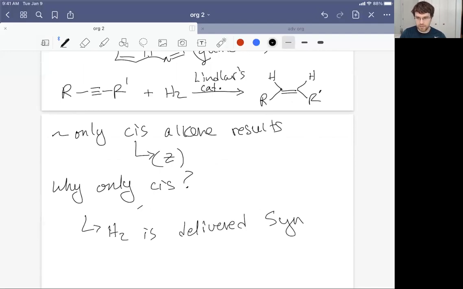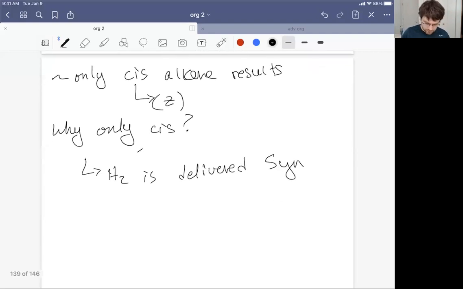So we don't need to know the mechanism of this, but we need to know that the two hydrogen atoms are added simultaneously to one side or the other, both on top, both on the bottom, but we can't go opposite sides. We can't go top and bottom. That's because in a metal catalyzed reaction, in this particular metal catalyzed reaction, the mechanism, which is beyond the scope of the course, does not allow it. And so you always get the cis alkene that results.